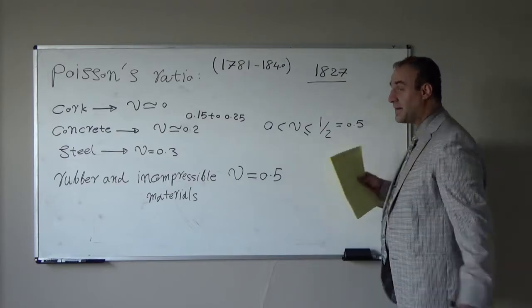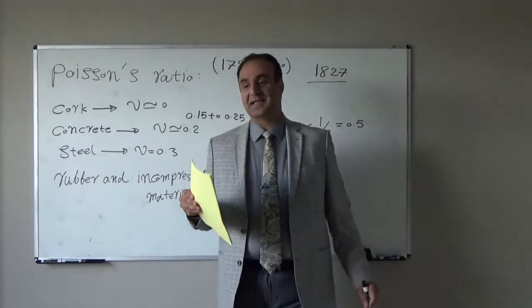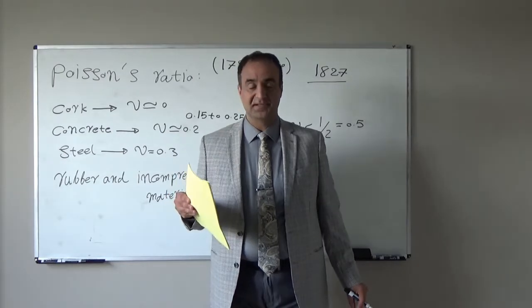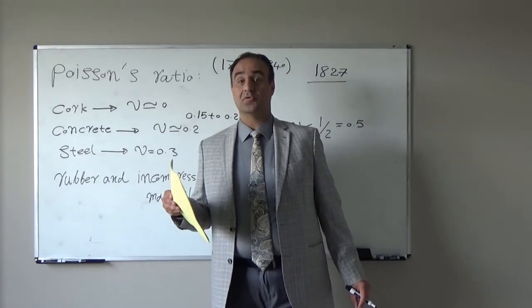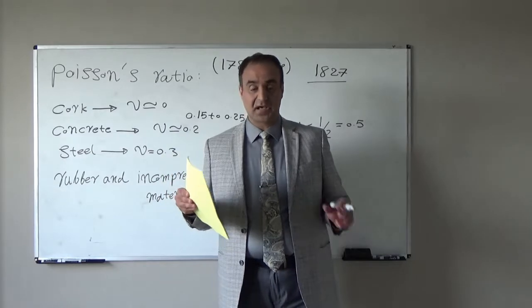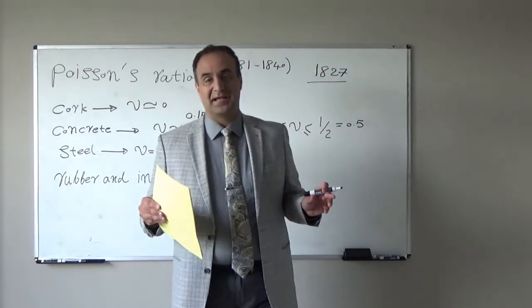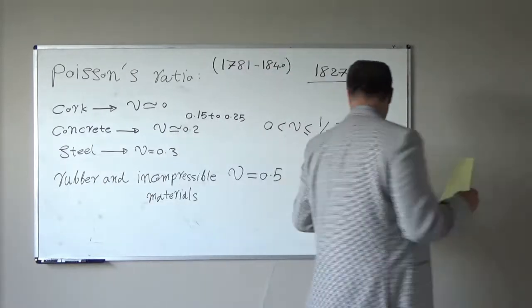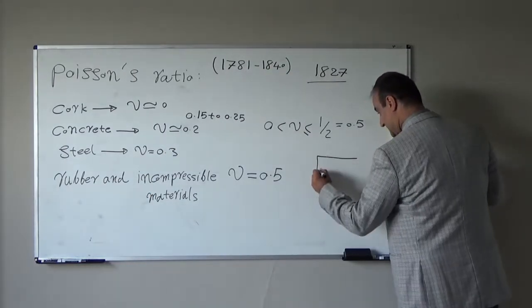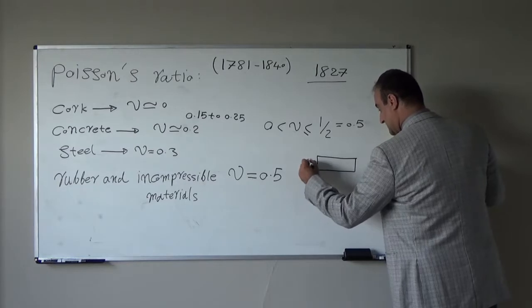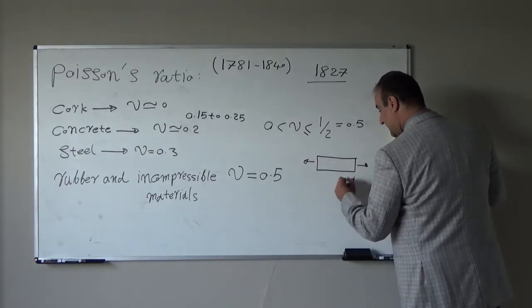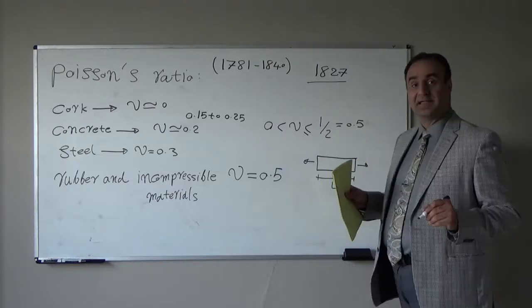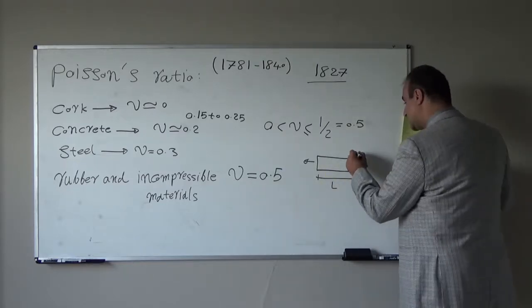Some materials are artificial, created by humans, or biological materials. For some very rare materials, the Poisson ratio is negative. A negative Poisson ratio means, for example, you apply tension, and it will elongate in the longitudinal direction, but it will get fatter in the lateral direction too.